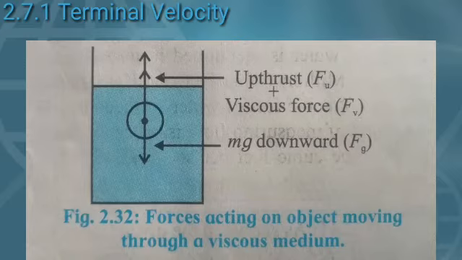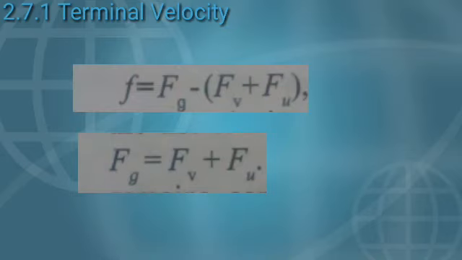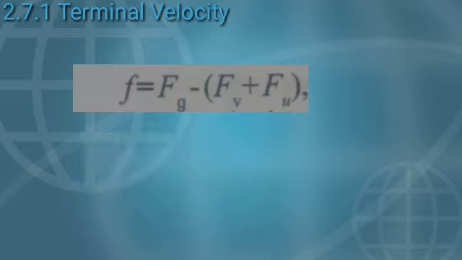At this stage, Fg is equal to Fv plus Fu. After that, the downward velocity remains constant. This constant downward velocity is called terminal velocity. Obviously, from now onward the viscous force Fv is also constant, and the entire discussion is applicable to streamline flow only. Now we will deduce the mathematical expression for the terminal velocity.